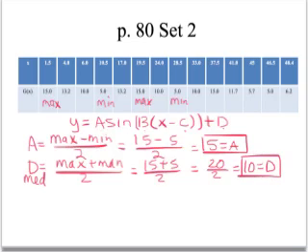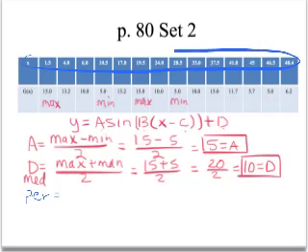Okay, now I need to find my B, which is an input constant. B is a 2-step process. You have to find the period length first. The way you find the period length is by looking at your inputs, but you look at your maxes and your mins to locate the inputs you're going to use.